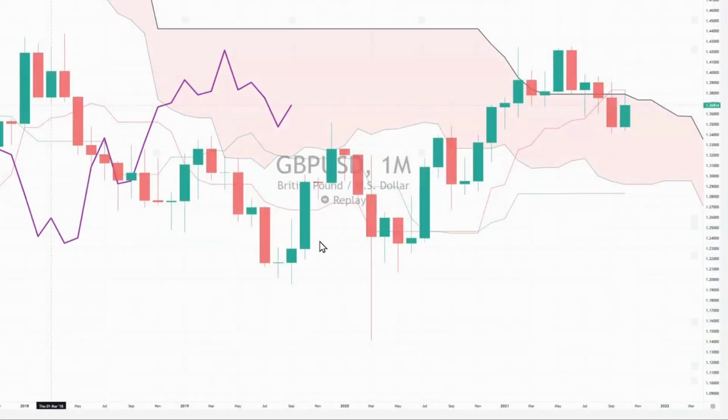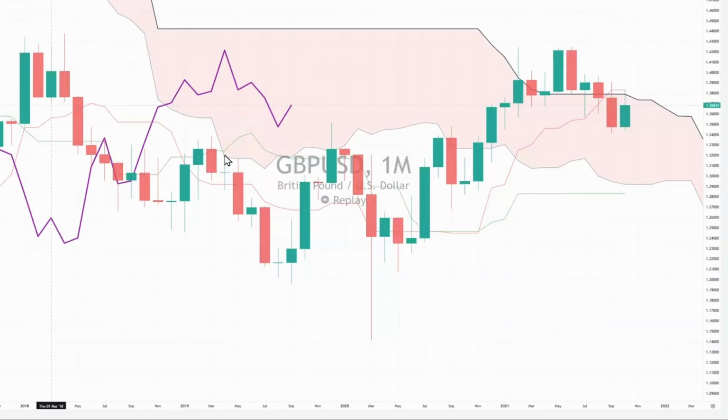Okay, so here's an example, and you can see here we closed above the cloud. Now if you look backwards, this is the momentum right there, and it's above the price from 26 bars ago. It's above the green line, which is the Kijun-sen. It's above the red line, which is the Tenkan-sen.